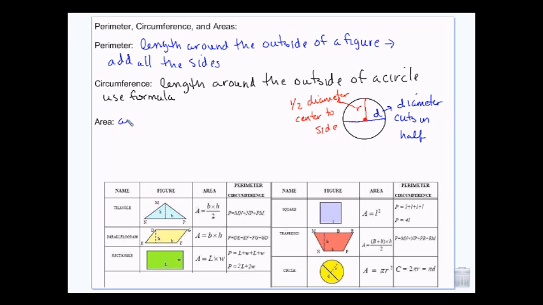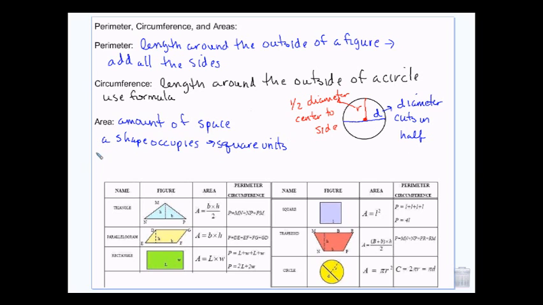Area is the amount of space a shape takes up. And that is in square units. So square feet, square inches, square centimeters, square millimeters, square miles.